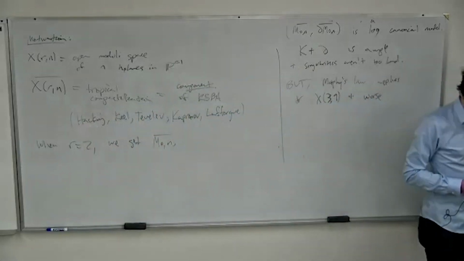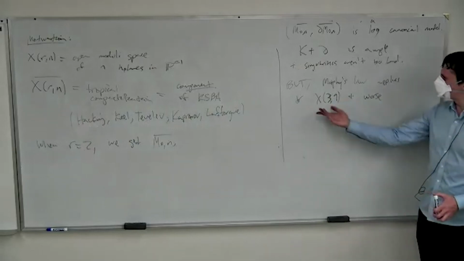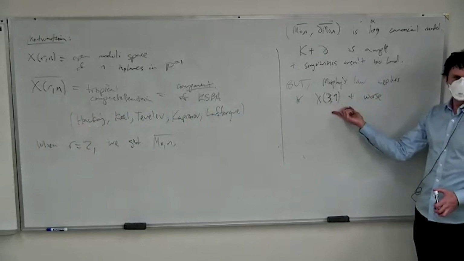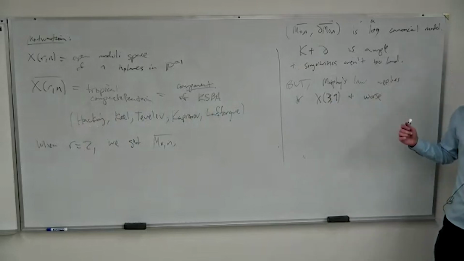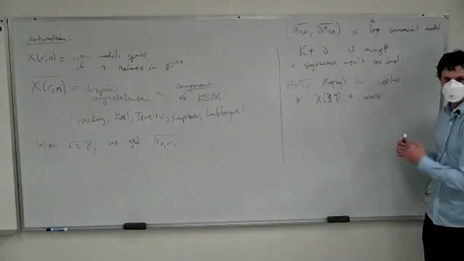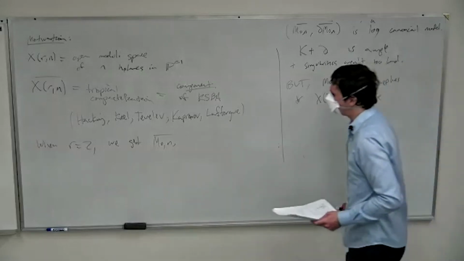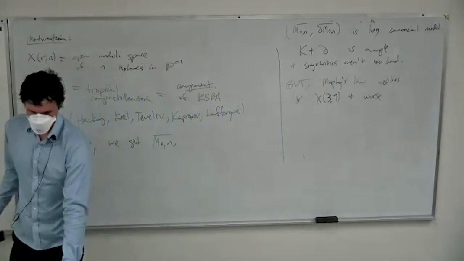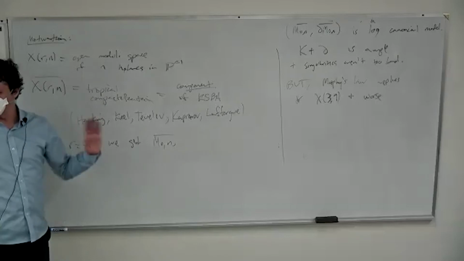But what I'm proposing is that if my conjecture that I stated previously is true, then you can get at the log canonical model of these by studying the essential skeleton, which is still a pretty tough chore because this is living in this crazy valuation space, but it's another handle on this problem. So to approach this, we want to start with r equals 2, because if we can't do it for M0n, then it's hopeless in general.